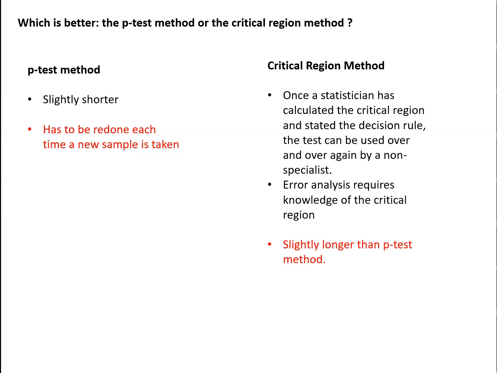Another advantage of the critical region method is that if we want to do any error analysis on the significance test, then you need to know what the critical region is. But as we've already hinted before, the disadvantage of the critical region method is that it's slightly longer than the p-test method if you're just doing a single test.